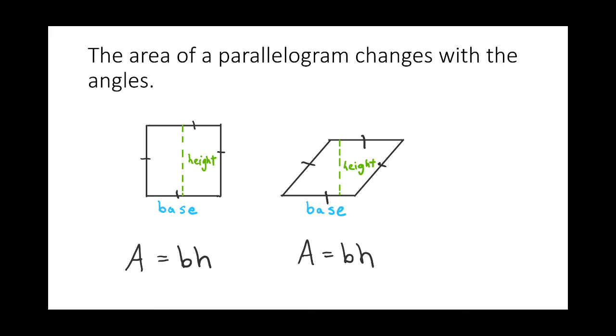Okay. Next, we want to talk about the area of a parallelogram. It changes with the angle. So what I did is I took a square here and I just scooted it over. I skewed it. So I pushed, right? I took the wall of the square and I pushed it in, and now it's all bent. But we calculate the area the same way. The area for any parallelogram is the base times the height.